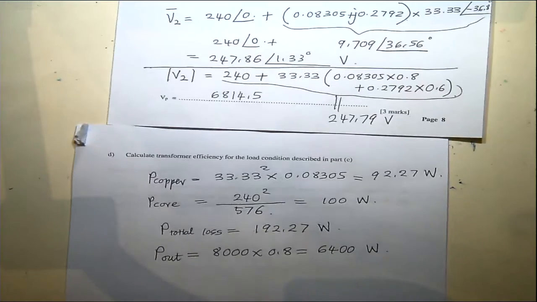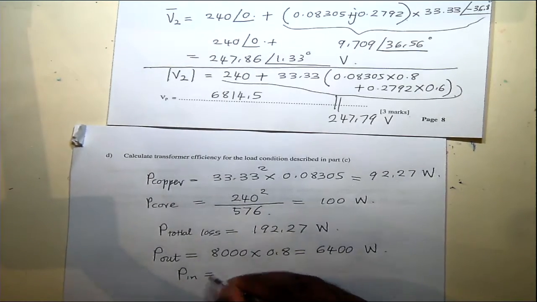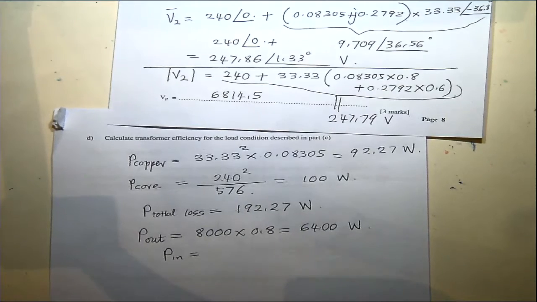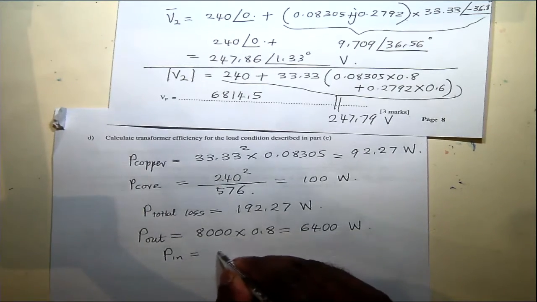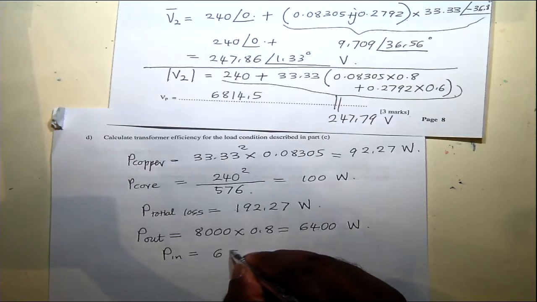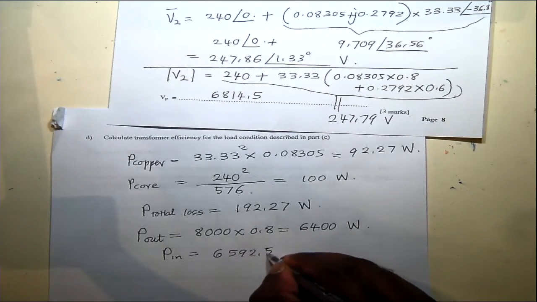This is the output power. So the input power is the output power plus all the losses summed up. So P input is this plus this, 6,400 plus 192.27 gives you 6,592.57.